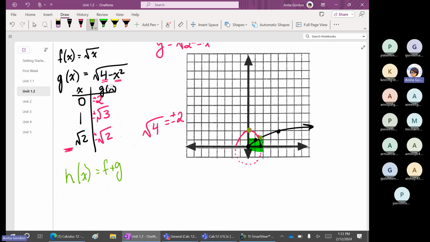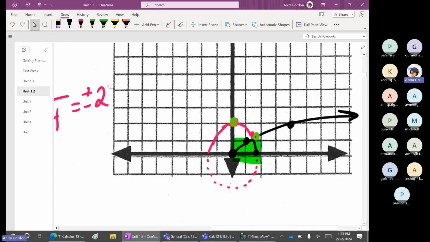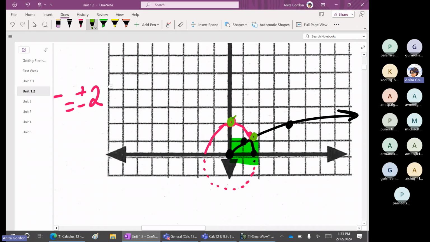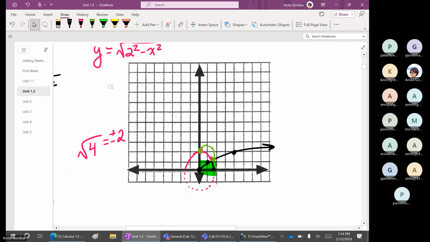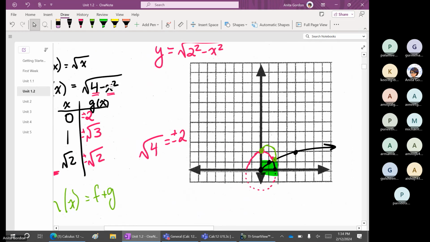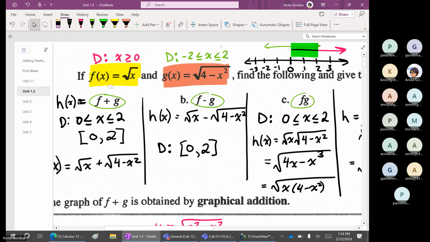And I'm just estimating here, okay? I'm not doing any particular value addition, but I see that both of these are positive numbers. So the green will be a positive number also. Because it's in our domain.